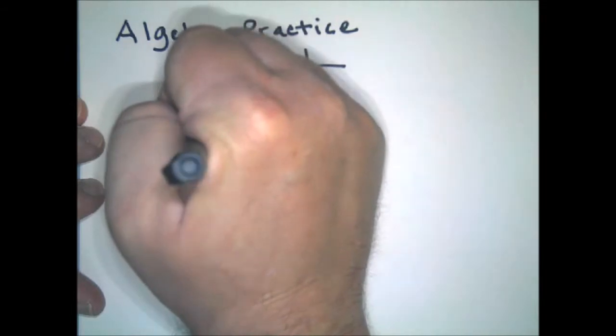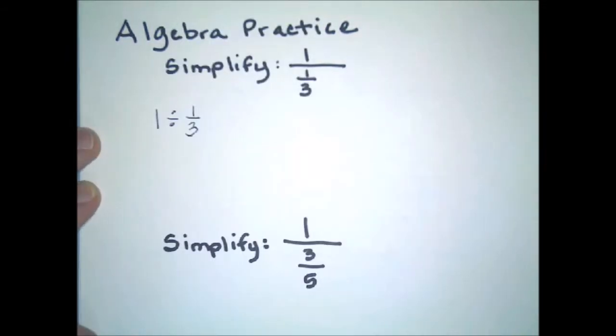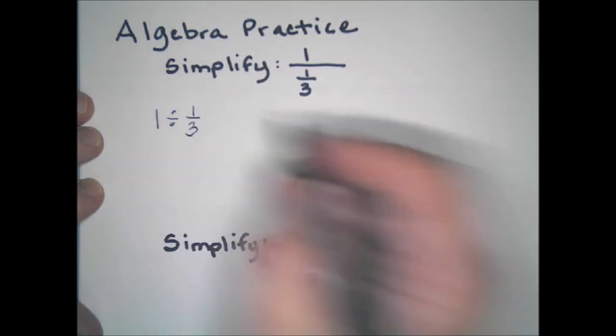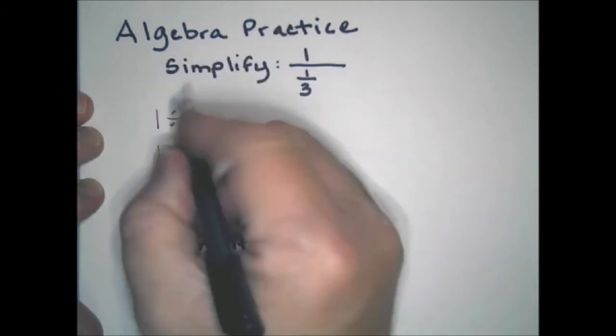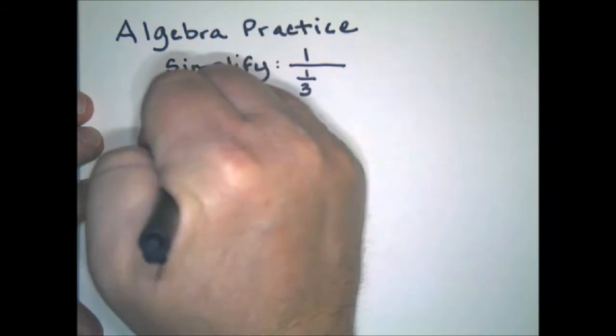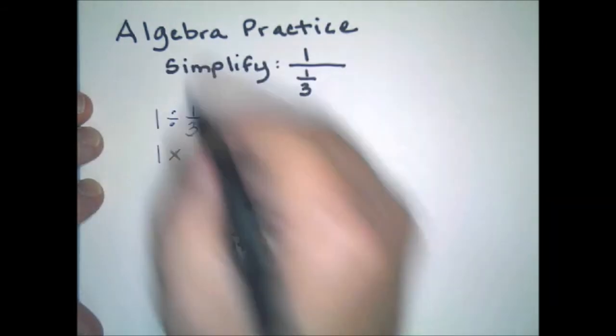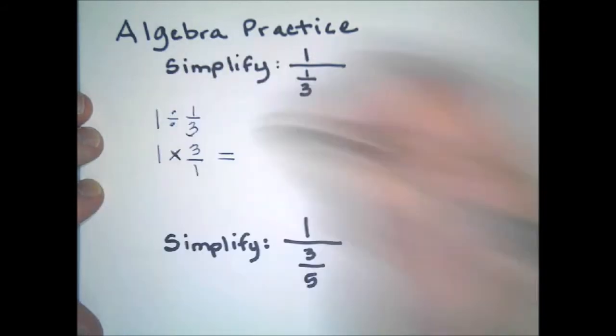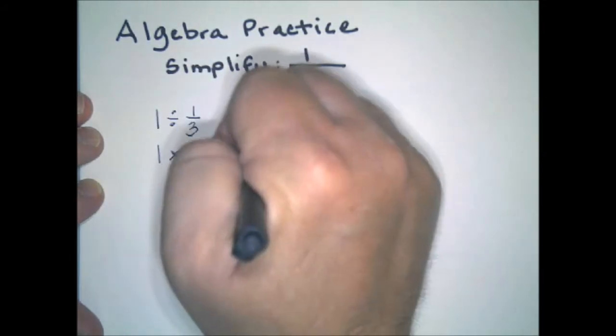And the problem probably becomes instantly easier. 1 divided by 1/3 is simply the same thing as 1, and division changes to multiplication, and you flip that second fraction, so it's 3 over 1. So the answer actually is 3.